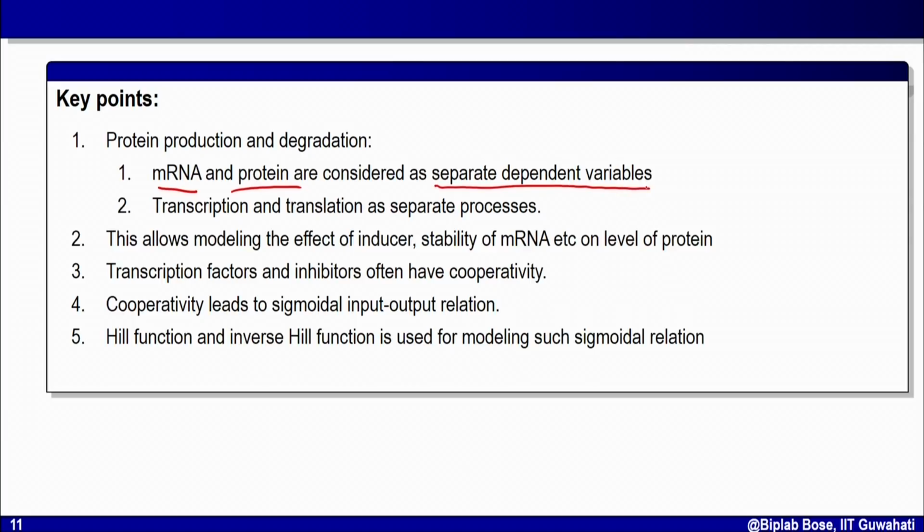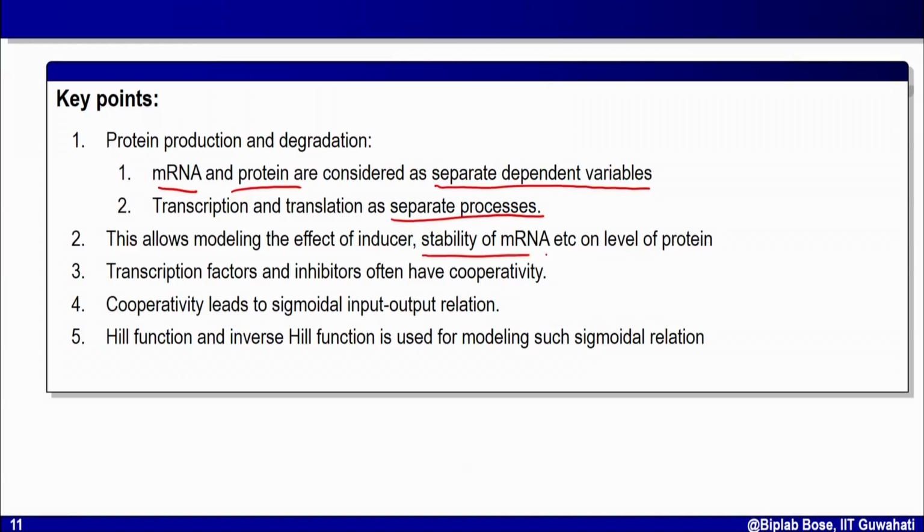That means I will have two different ODEs for them. If I do that, it allows me to investigate the role of different inducing and inhibitory signals in the transcriptional process. It also helps me to understand the effect of stability of mRNA on the level of protein. All these questions can be approached.